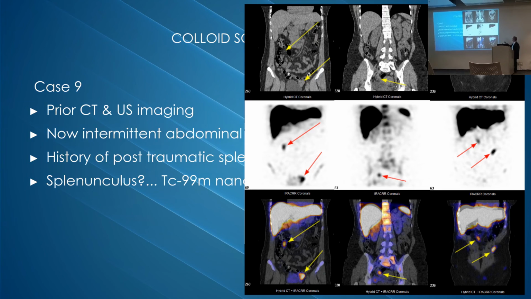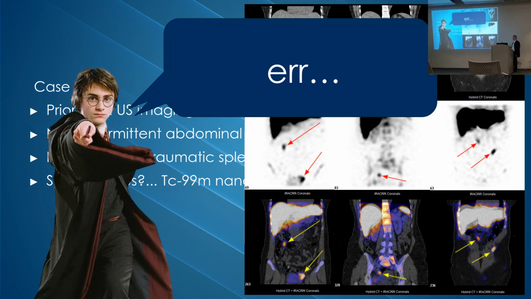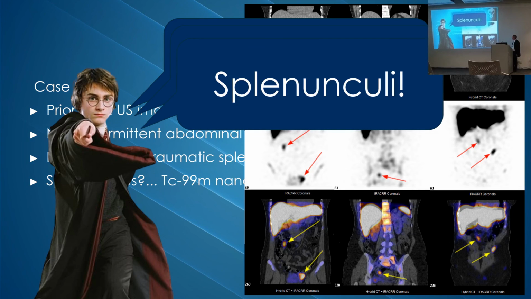This is liver creep, so the liver has crept into the space left by the spleen. But we have actually identified 1, 2, 3, 4, 5 lesions here. So particularly nice was this one where the pain was. This is exactly where the lady's pain was. Go after 3. 1, 2, 3. Splenunculus. Well, splenunculi.